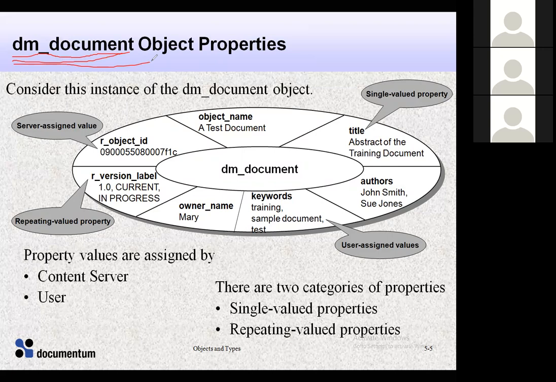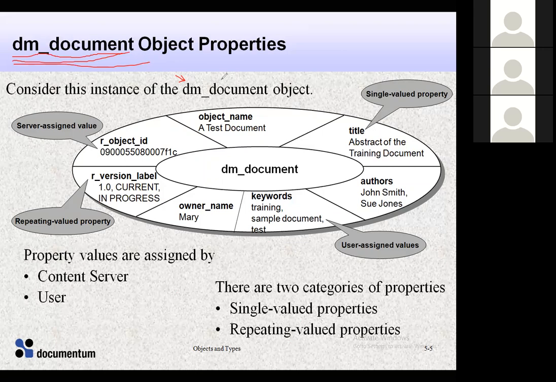We can have many objects that belong to dm_document. The type names in Documentum are defined like this: dm_document, dm_workflow, dm_sysobject, and so on. We have different type names.